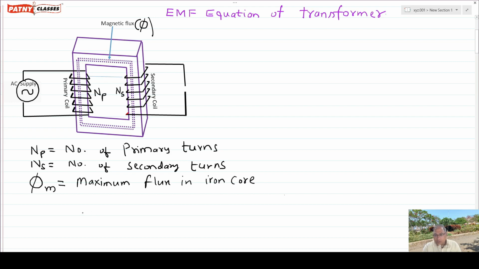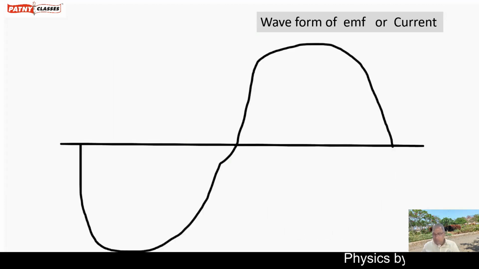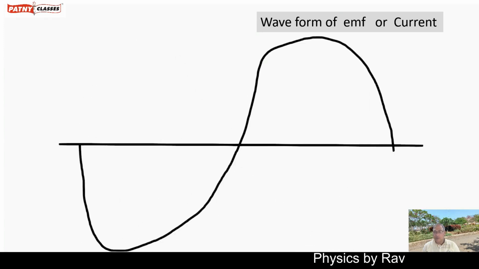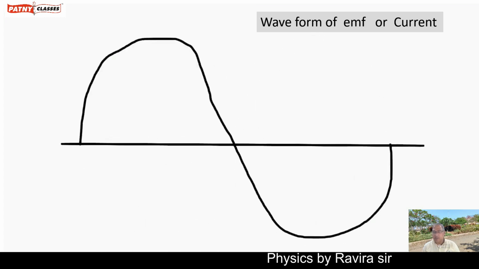Now, this is the symbol of AC supply. This is called the waveform. It has a positive half cycle and a negative half cycle. This is an alternating waveform; it is a waveform of EMF or of current.